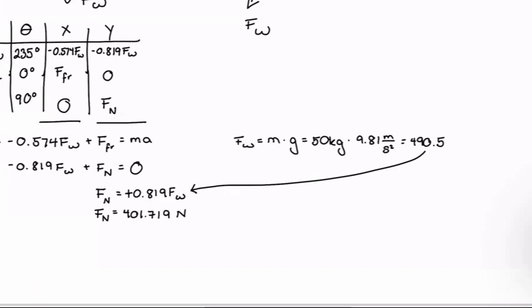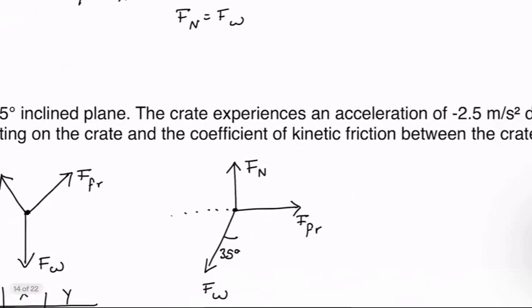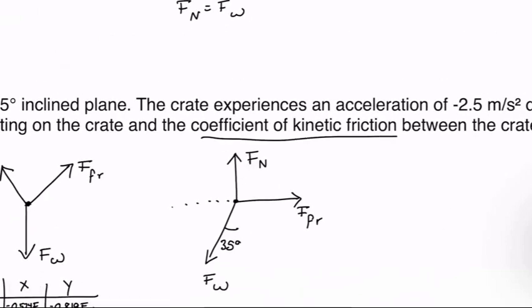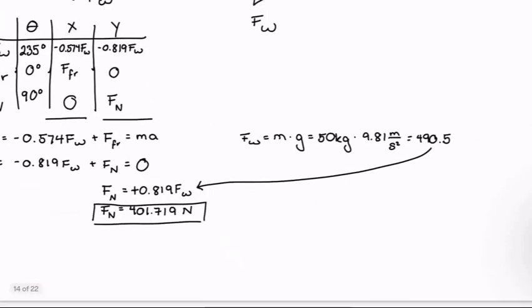Let me just make sure that we're on the right track. Okay. From there, we already got our normal force, which is one of the things that the question was asking for. And the question was also asking for the coefficient of kinetic friction.